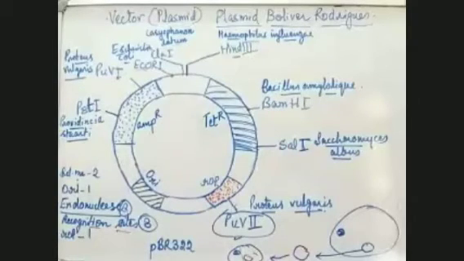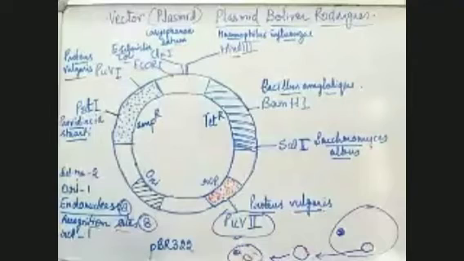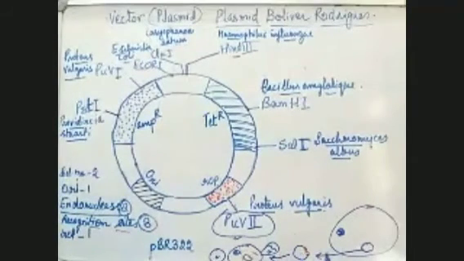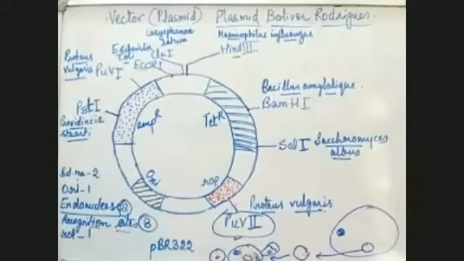So along with this, many bacteria multiply, and our gene of interest increases with that. This is how vectors were used: to carry our gene of interest to the host where we want it to increase in number. Okay, so this is the use of a vector.